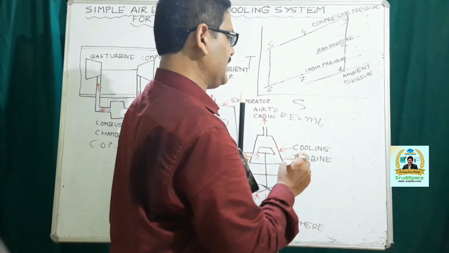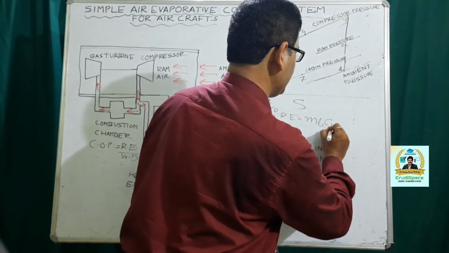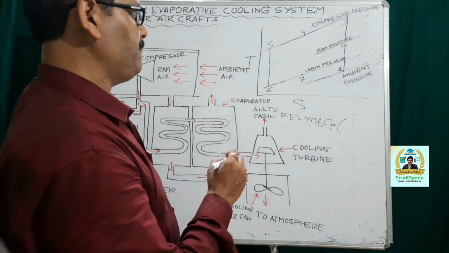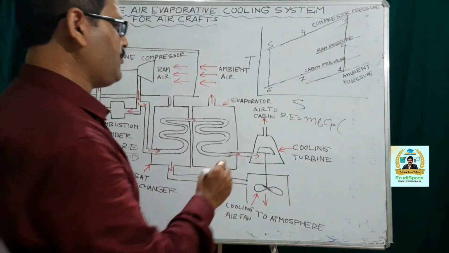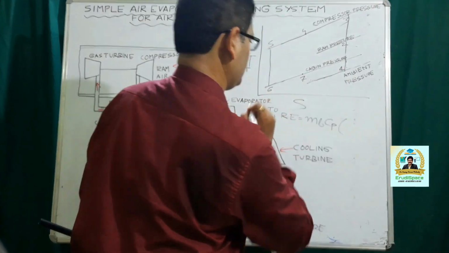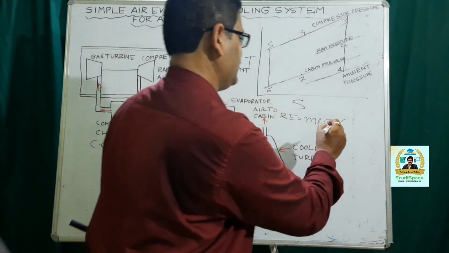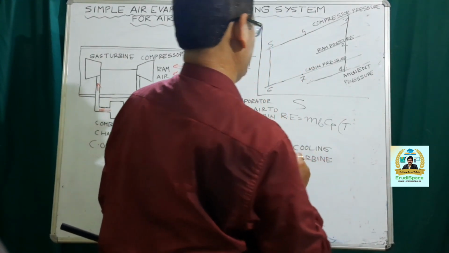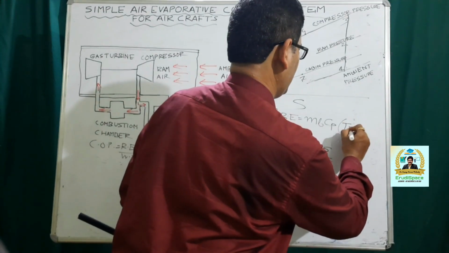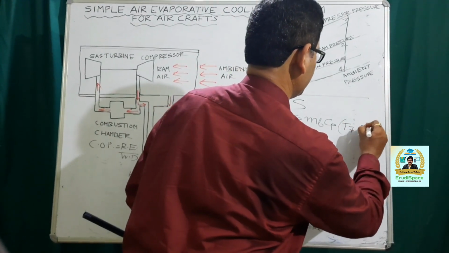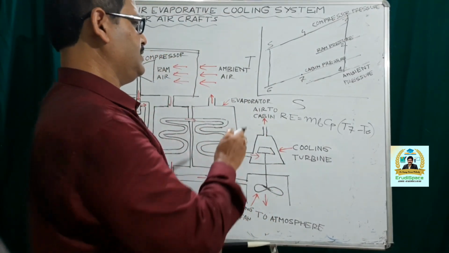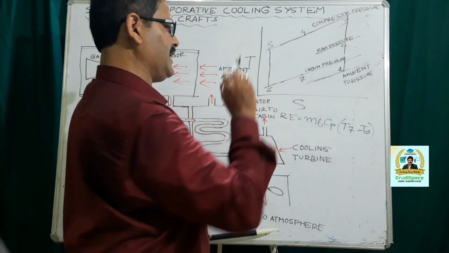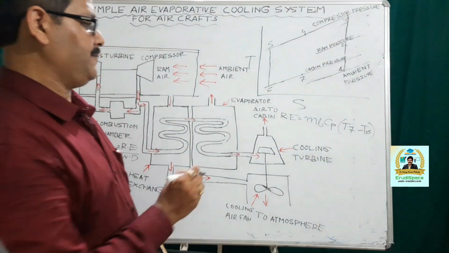You may denote this as MB into specific heat at constant pressure multiplied by the temperature difference. The temperature difference is T7 minus T6, because the air is entering the cabin or cockpit at 6 and leaving at 7.